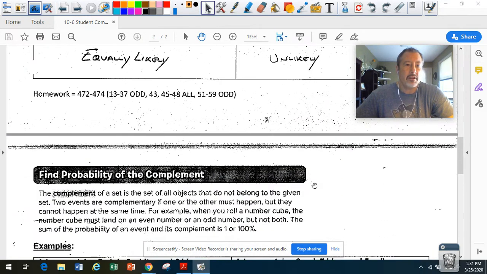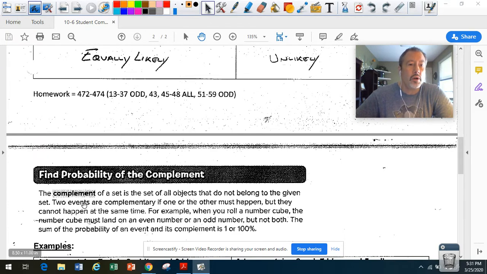Okay, let's see what we have here next. Find the probability of the complement. The complement is the opposite. Okay, the opposite of stop is go. That's a complement. So the complement of a set is the set of all objects that do not belong to the given set.